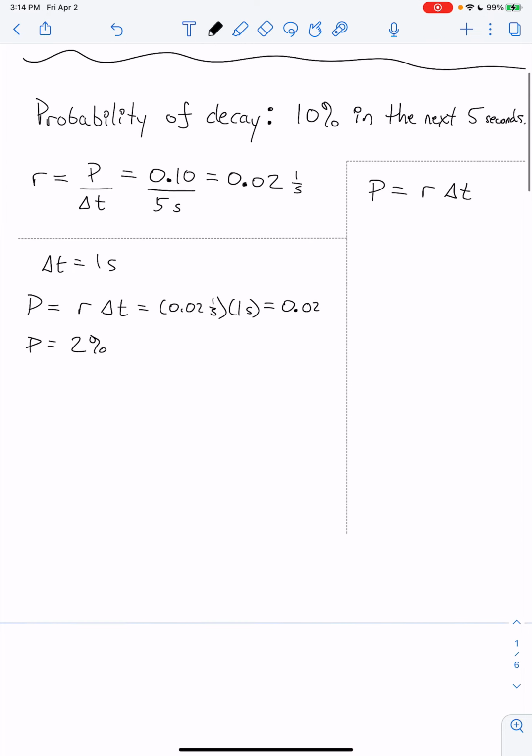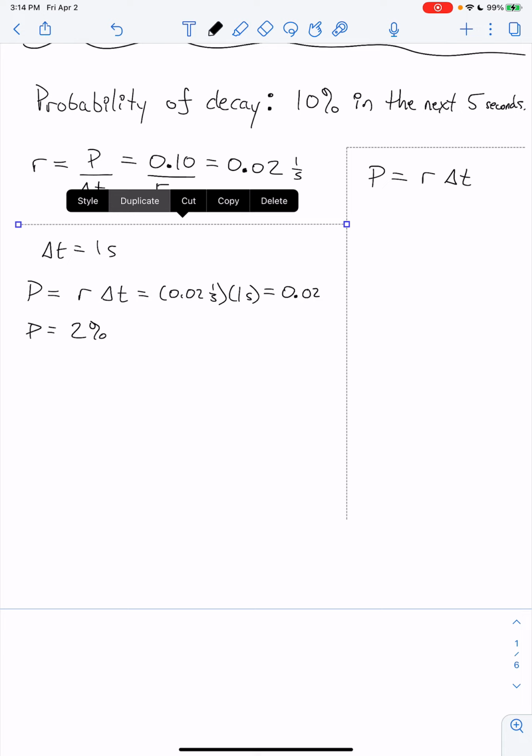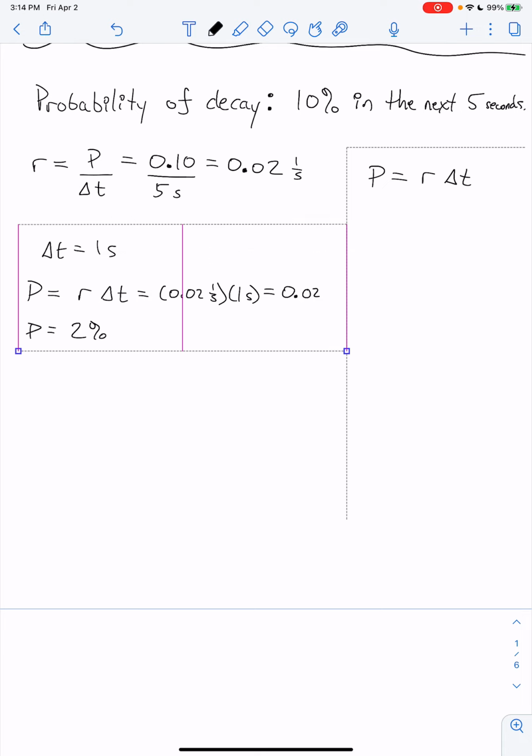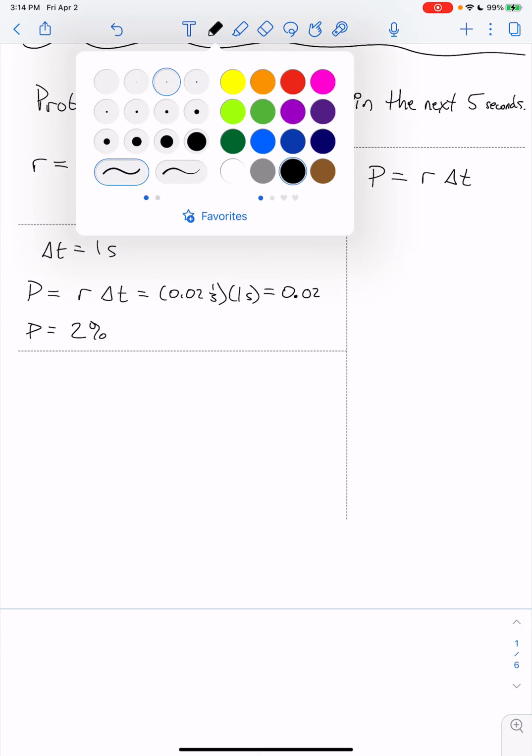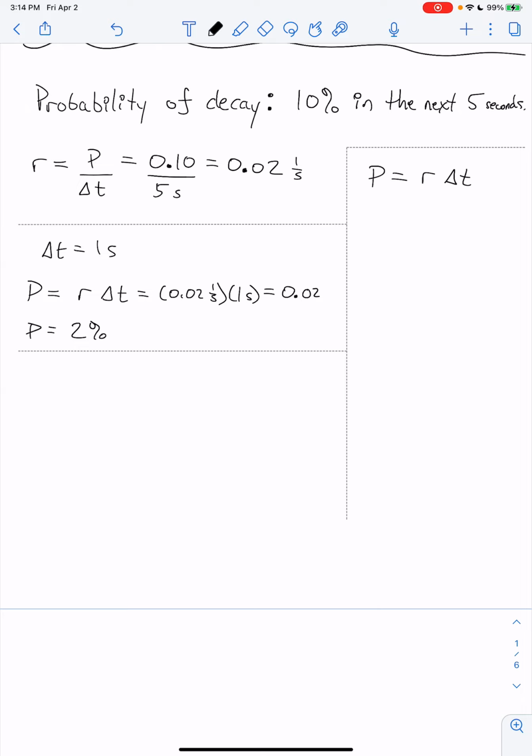All right, what about as t goes up? Well, the longer we wait, the more the chances of this decay happening. So we could say, what about delta t equal to 10 seconds? Then our probability is our rate, 0.02, times 10 seconds, which is equal to 0.20, or 20%.